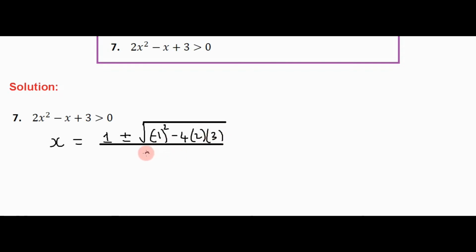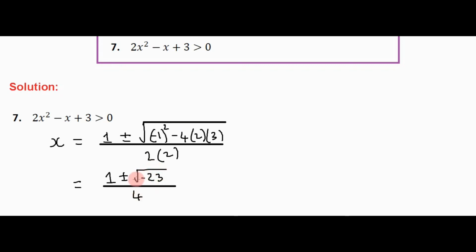This is all over 2a. So let's see what that comes to. So it's 1 plus or minus, then under the square root, we'll get negative 23. And this is all over 4.